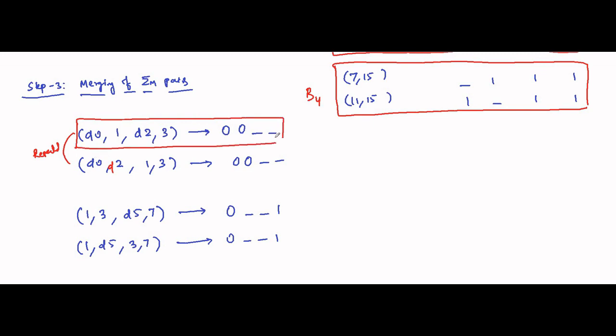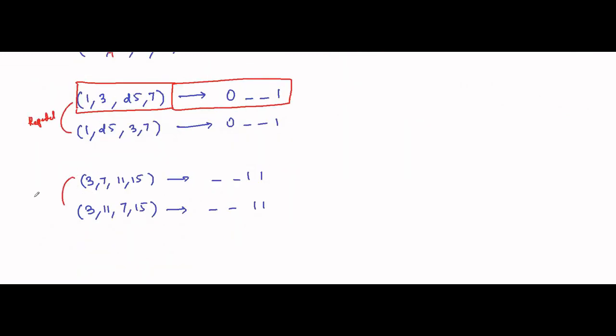Similarly here too, they are repeated because they have the same minterms, so we'll pick this one because the minterms are in serial order. Here also there is repetition: 3, 7, 11, 15 and 3, 11, 7, 15, same minterms. So we'll pick this one because it is in serial order, as the essential prime implicants.